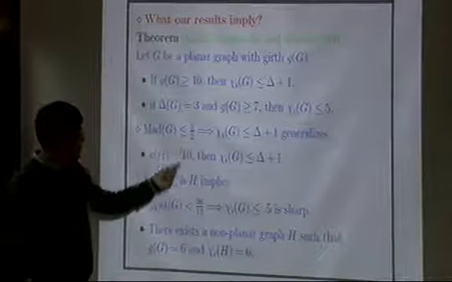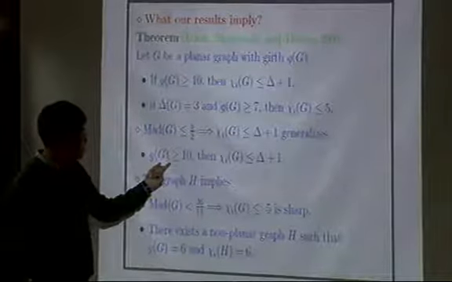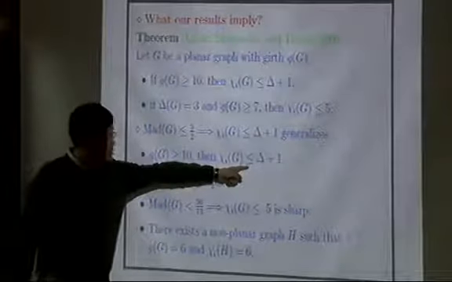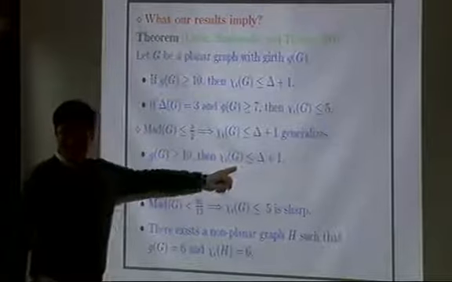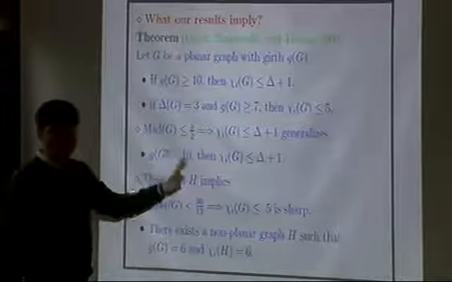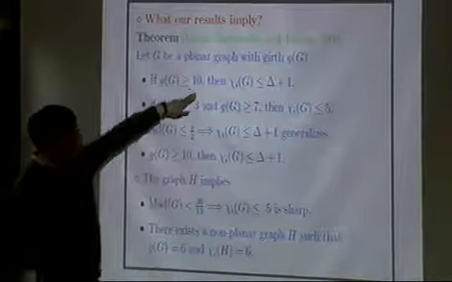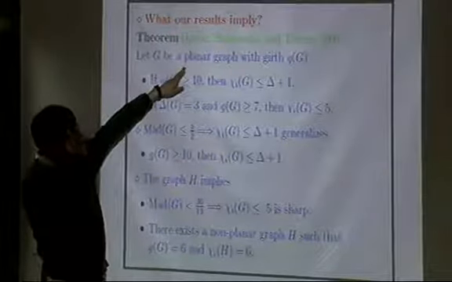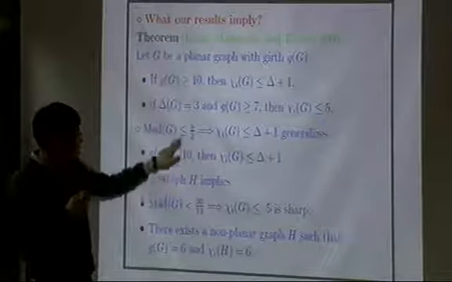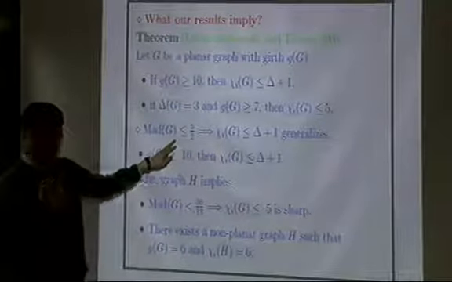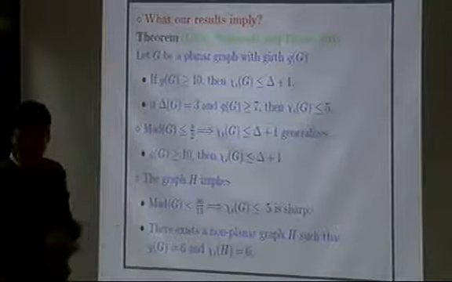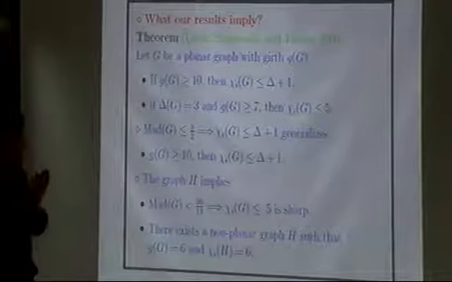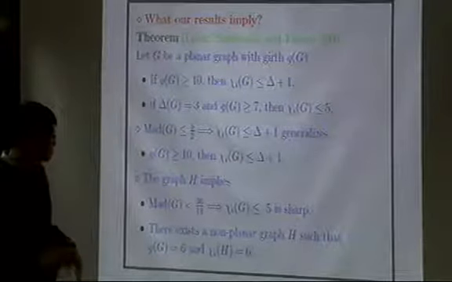Our result implies the same as girth at least 10, its upper bound is delta plus 1. But it has one advantage. What is that? Here, they require the graph to be planar, but our result doesn't have to be planar. It's a general graph. So we generalize the result.